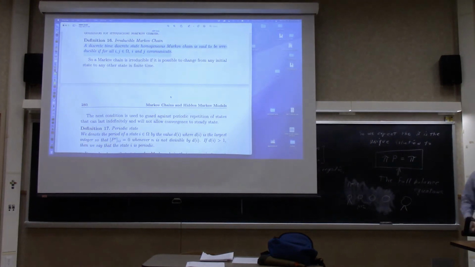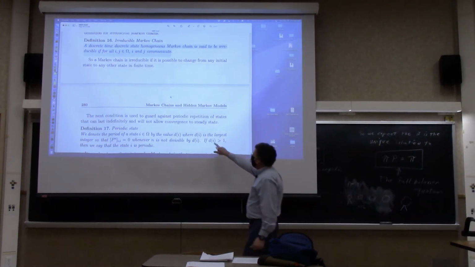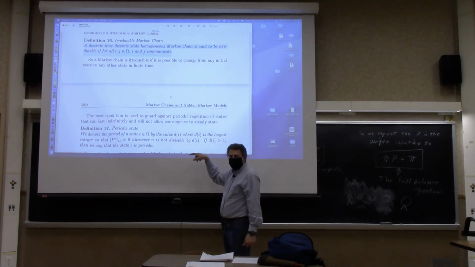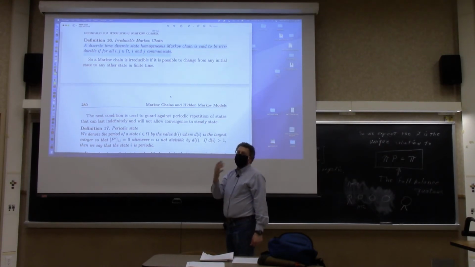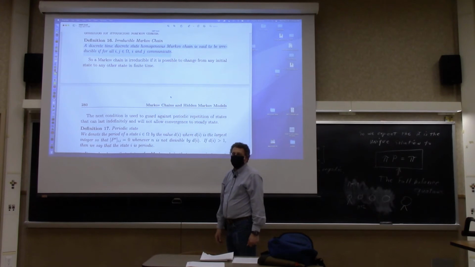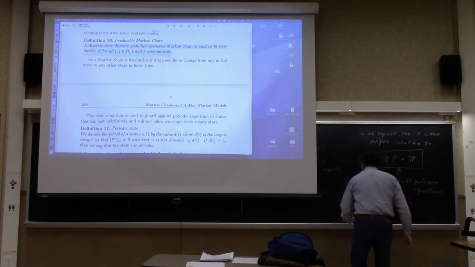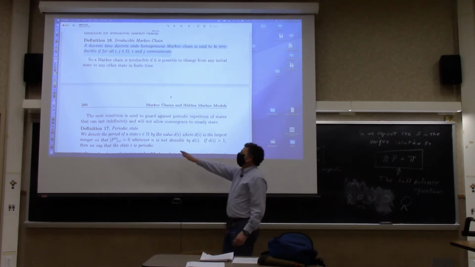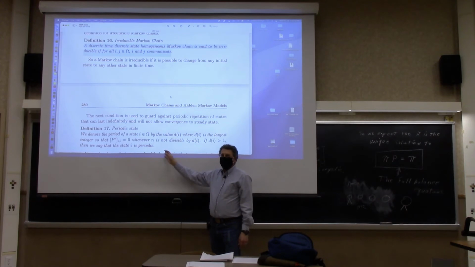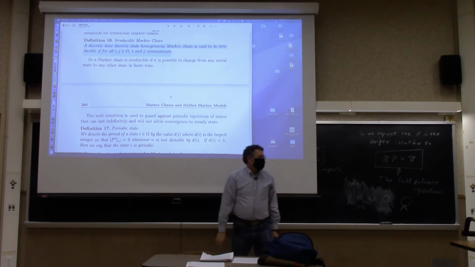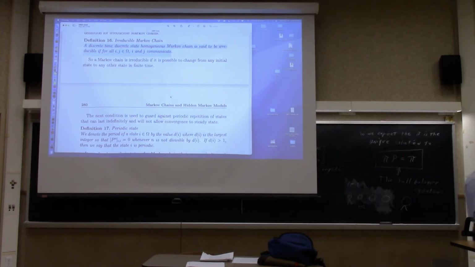That's why you have this additional thing here, which says it's the largest integer. Because if it meets the constraint with 2 and 4, then you only consider it periodic with period 4. So you take the largest period. You can go look at it more carefully. I think the takeaway here is that you can define a thing called period, and it's more complicated than you might think.